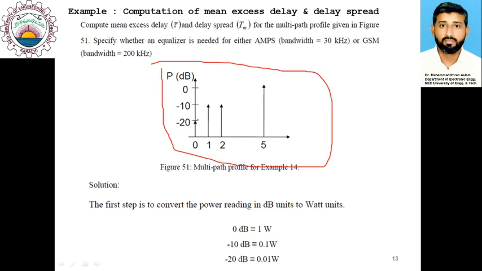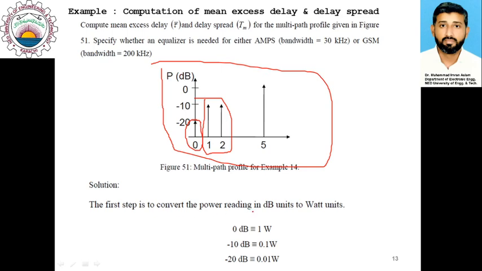So you can see that at 0 we have a time delay of 0 tau. We have a received power of minus 20 dB. At 1 microsecond and 2 microseconds we have a power of around minus 10 dB, and for 5 microseconds the power is almost 0 dB.